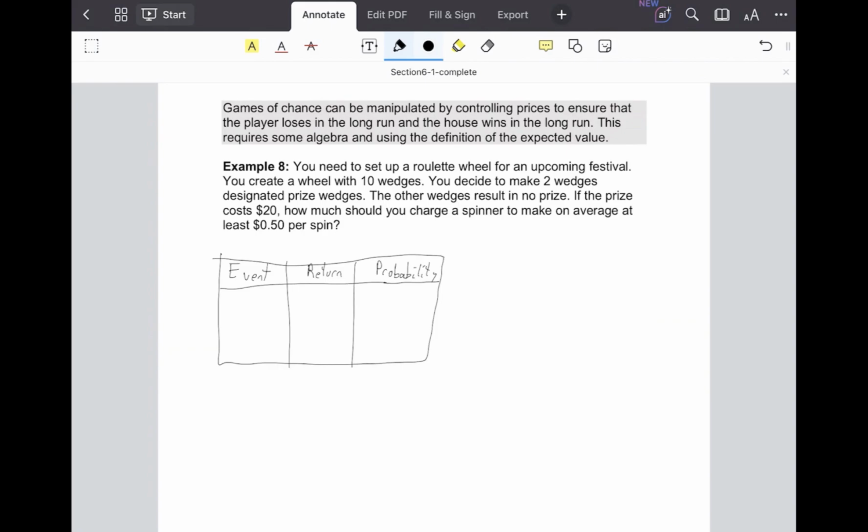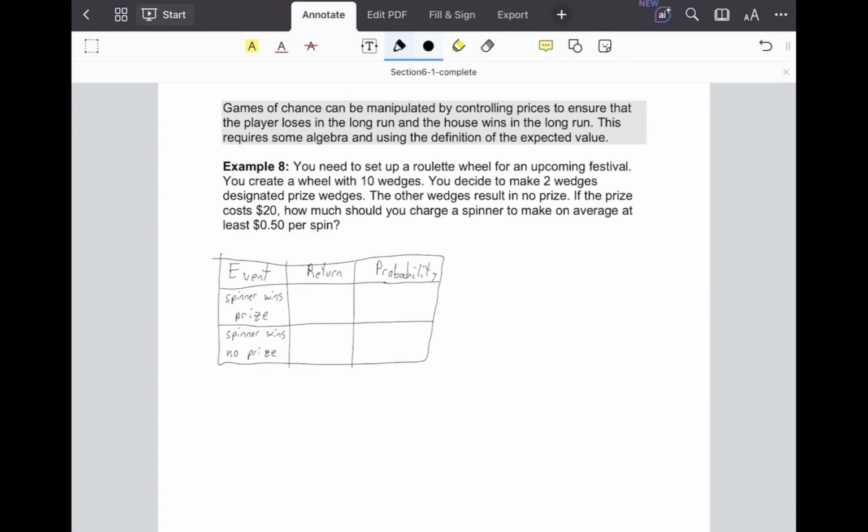Either the person wins the prize. Let me put spinner wins the prize, or the spinner wins no prize.